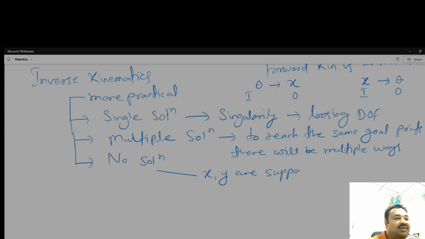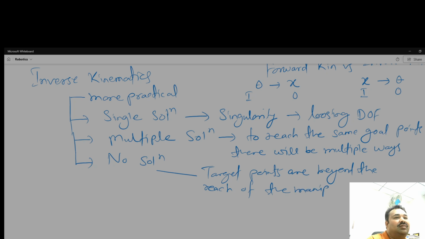The target points are beyond the reach of the manipulator. Beyond the reach of the manipulator.